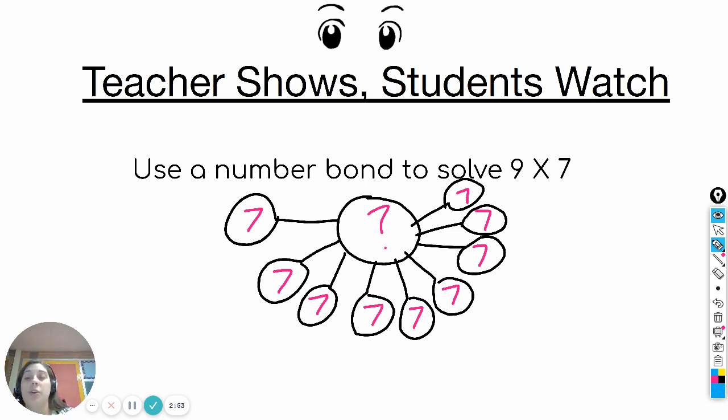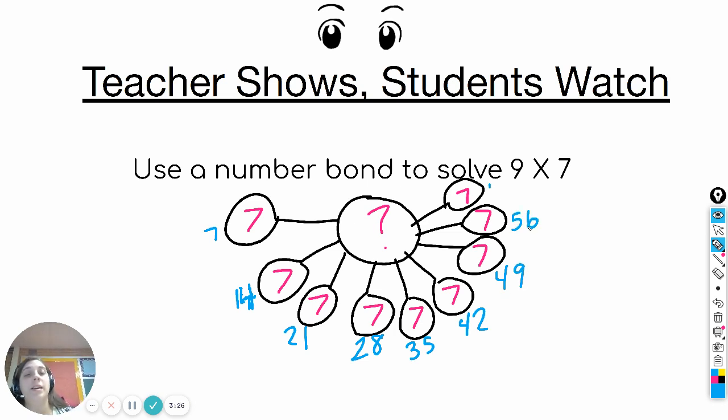And what I'm going to do is I'm just going to write my skip count next to each circle to help myself keep track of how many times I need to count. 7, 14, and you can kind of be thinking the rhythm from that song in your head. 21, 28, 35, 42, 49, 56, 63.